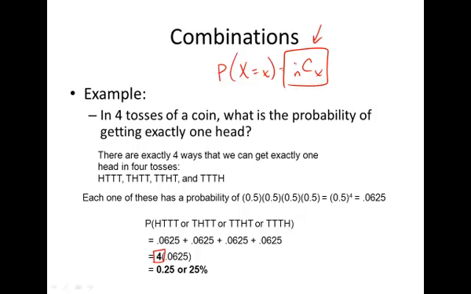We also have to use the probability of success in one trial and the probability of failure in the rest of the trials. So that's where the formula for the binomial comes from.